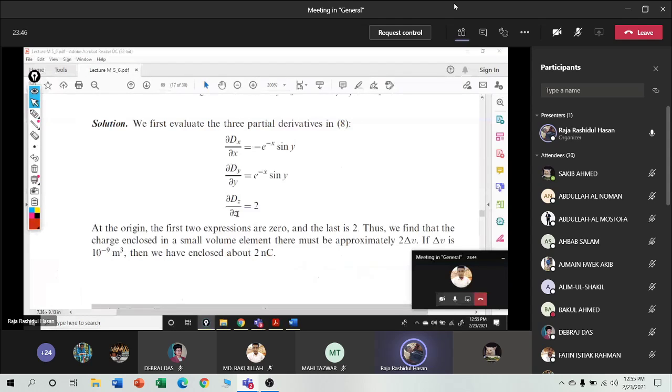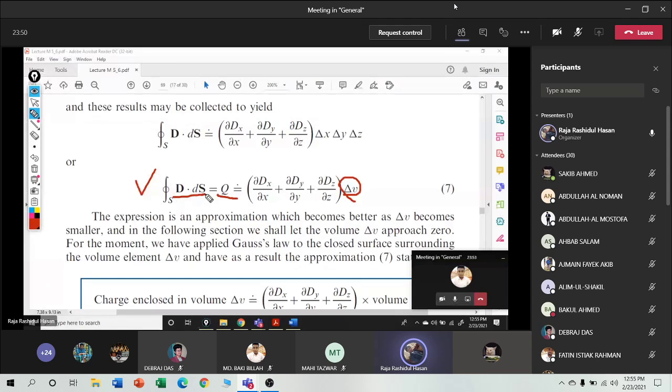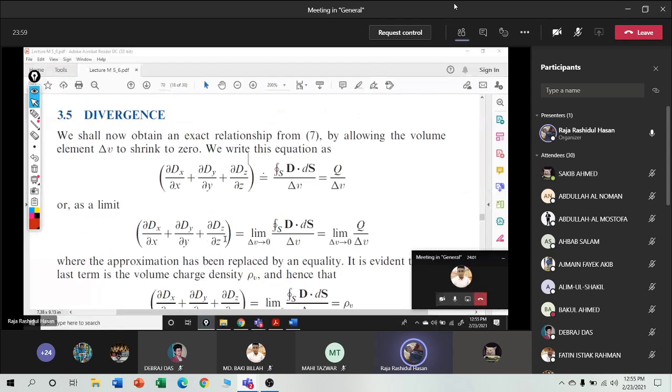Now what we are doing, this delta V we are putting under Q and under D dot dS. Just taking it from the right side to the left side. Then ultimately it looks like this: closed integration of D dot dS over delta V equal to Q by delta V. We are just taking the delta V from one side to another side. That's why this is going under.